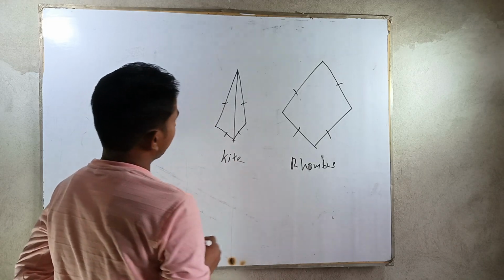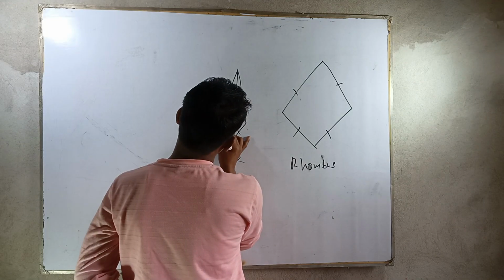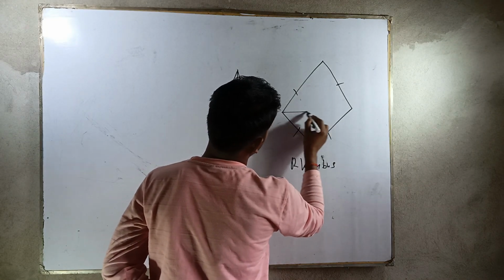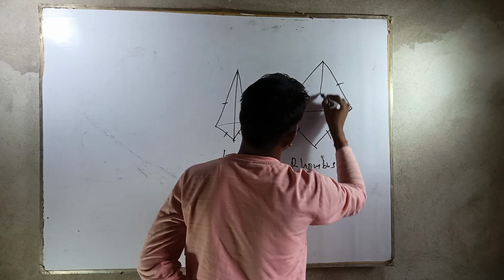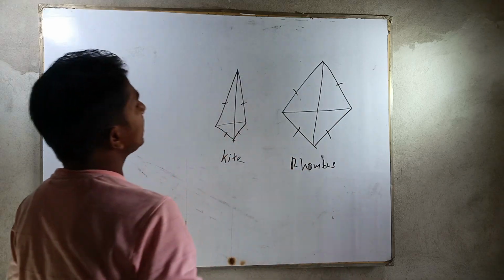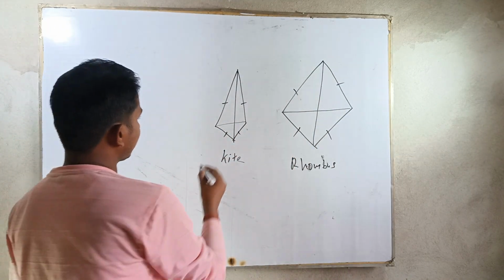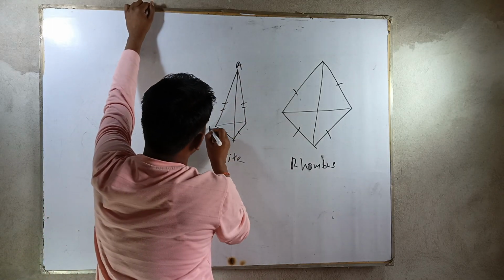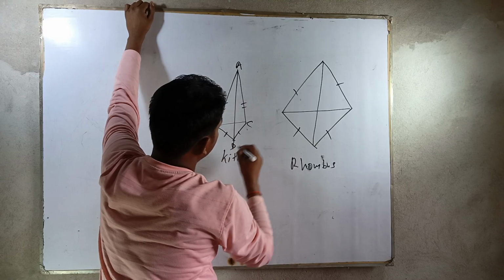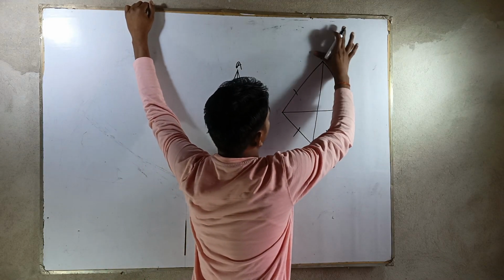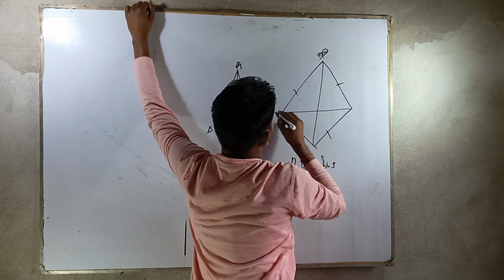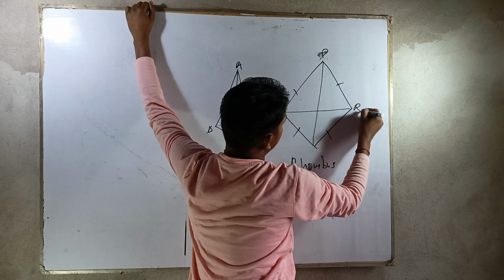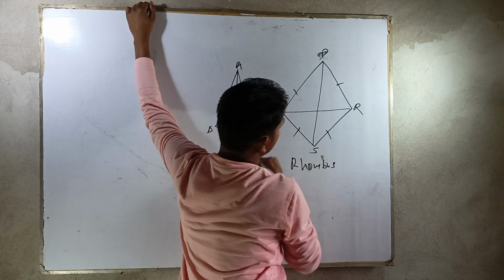What is the difference between both of them? Here the vertices are A, B, C and D, and this one is P, Q, R and S.